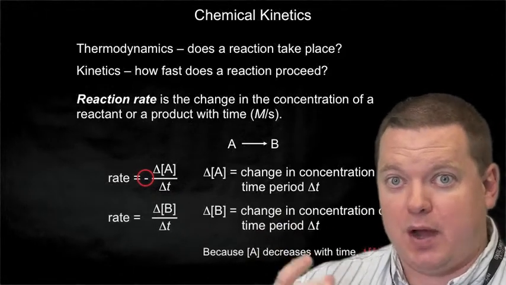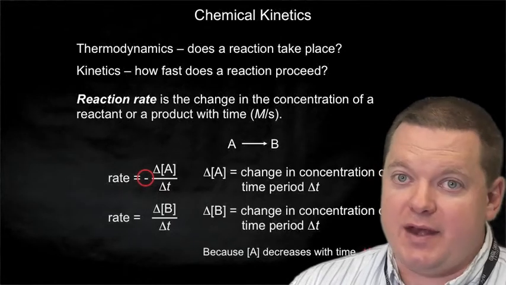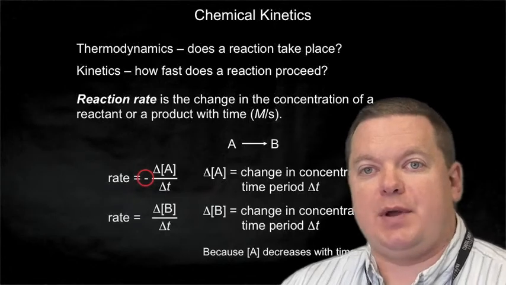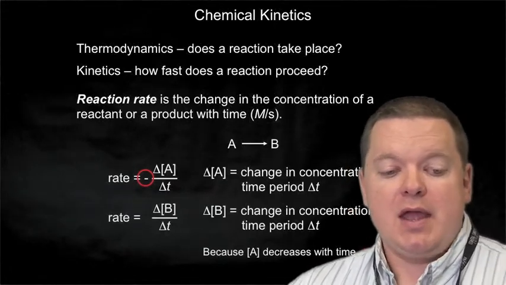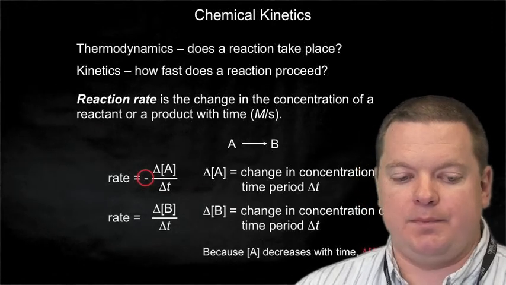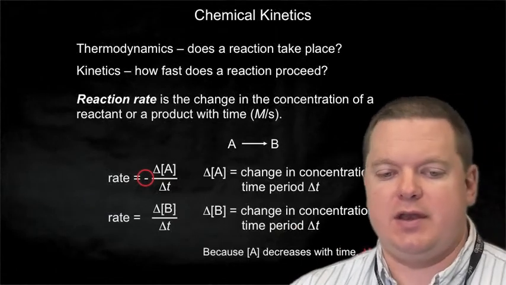To make that rate positive, we're going to see we need that negative. Right? The change in concentration per time. We could also talk about the rate of appearance of B as being the change of concentration of B over some unit time. Right? And since A decreases in time, like I said, then that's going to be negative.